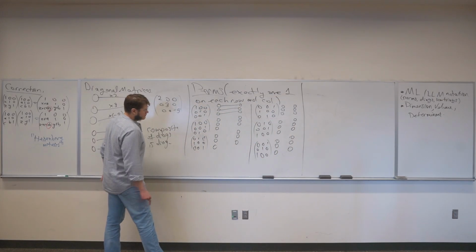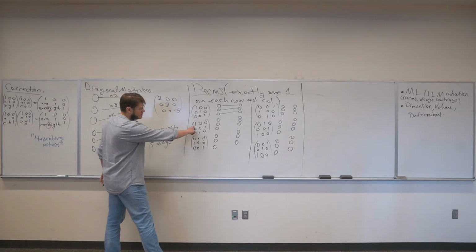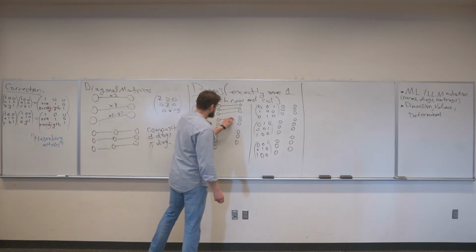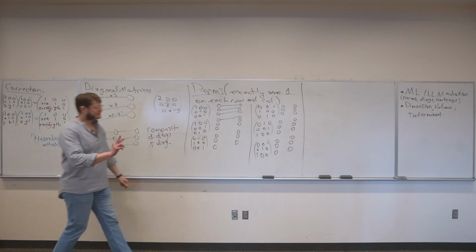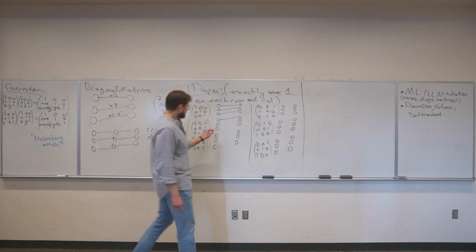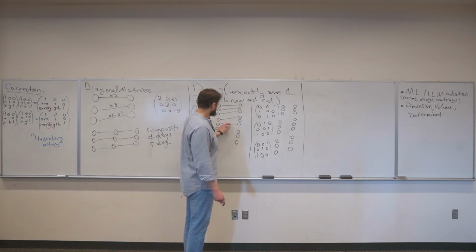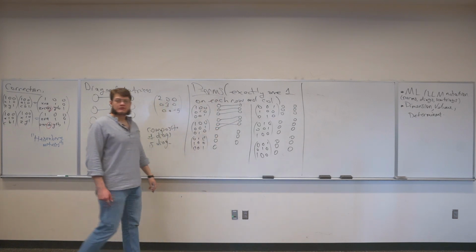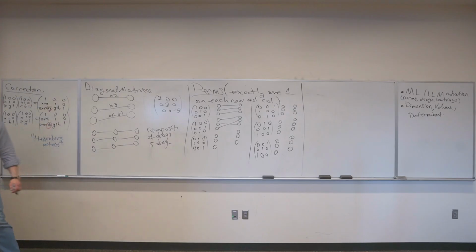This one doesn't do anything with the first channel, but it interchanges the second and third channels, which means you're going to have a cross there. Okay, so it's going to be like this. Does that make sense?